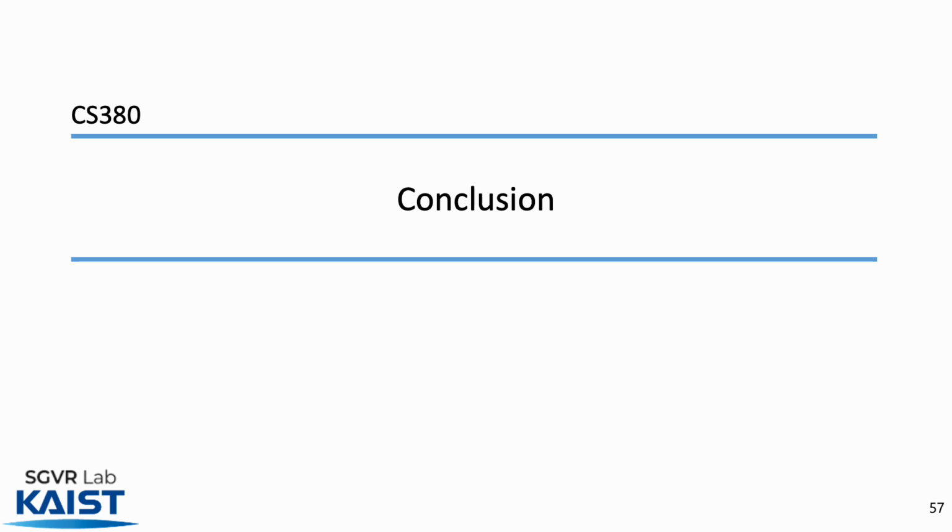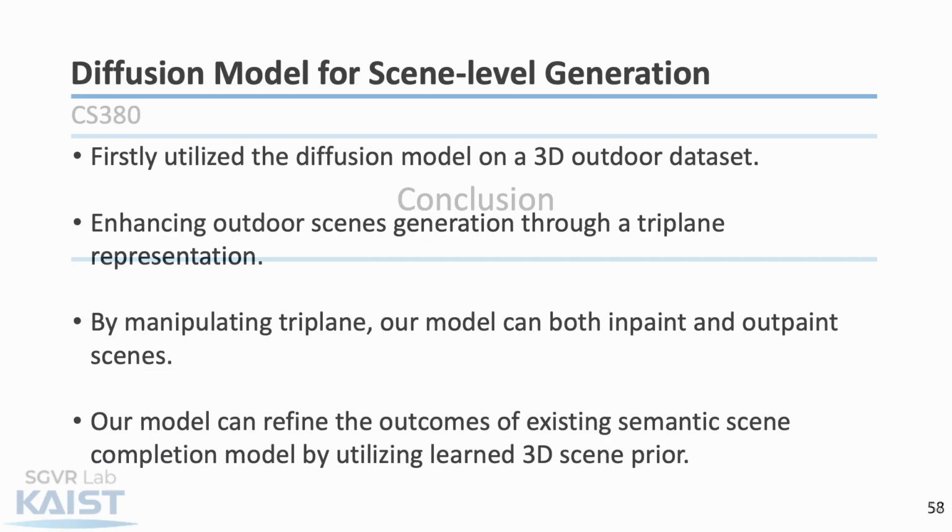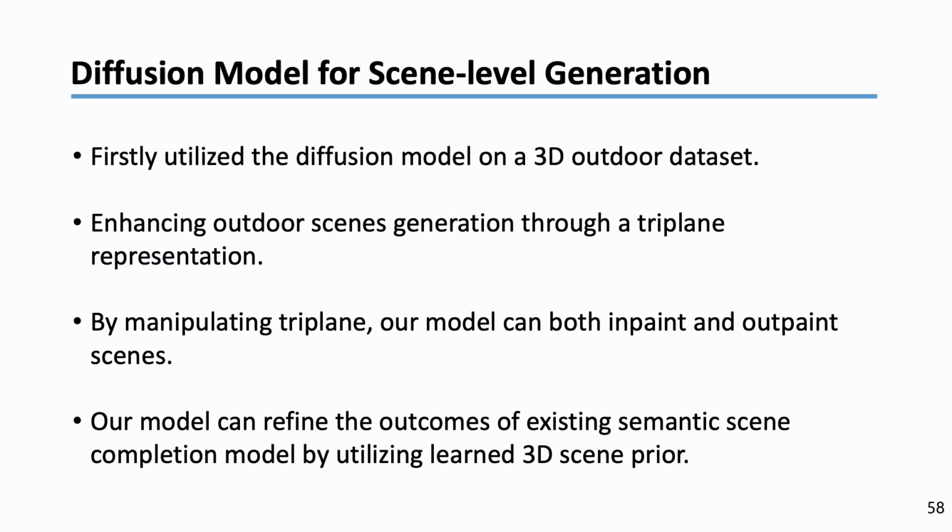So I would like to summarize my presentation. In this work, we enhance outdoor scene generation through triplanar representations, leading to not only computational efficiency but also visually appealing results with enhanced semantic details. We extend our model to several applications, including inpainting, outpainting, and semantic scene completion refinement.